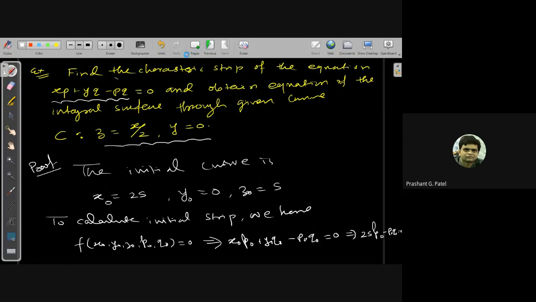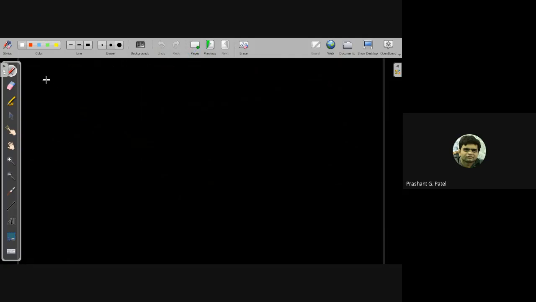The second equation is dz0 by ds equal to p0 dx0 by ds plus q0 dy0 by ds.